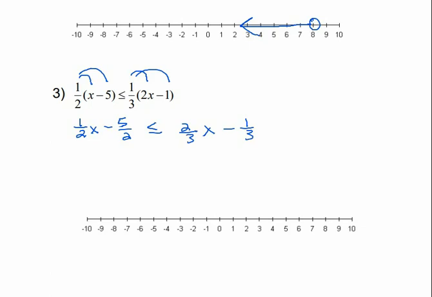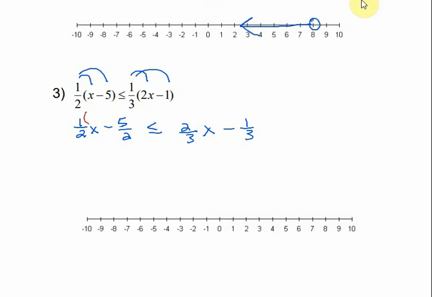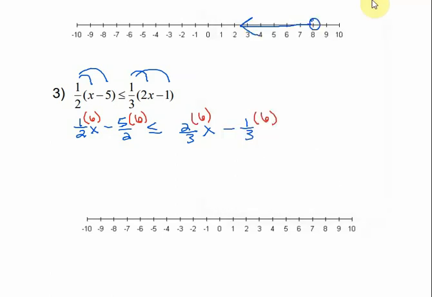All right, the least common denominator between 2 and 3 would be 6. So I'm going to multiply everything in the equation times 6. So if I multiply everything by 6 and reduce, I should get rid of the fractions.